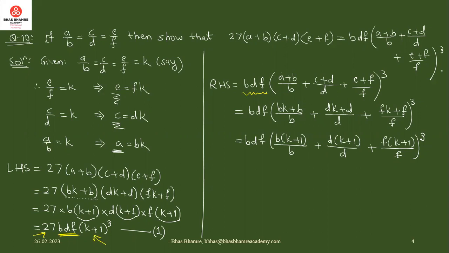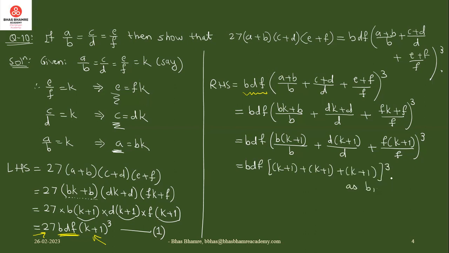Then we observe that BB, DD, FF can be cancelled out. So we have BDF, then in the bracket (K plus 1) plus (K plus 1) plus (K plus 1), whole cube.